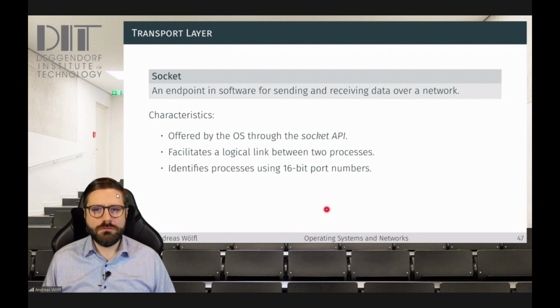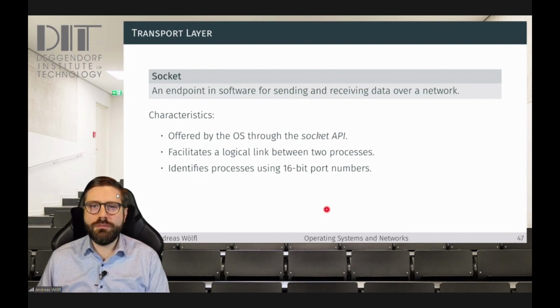So if you program a networked application, you can define this port. If this is a server application, so it provides services to clients, then you can define the port that your application is listening on. And a client then uses this port to identify your application on the server's host.